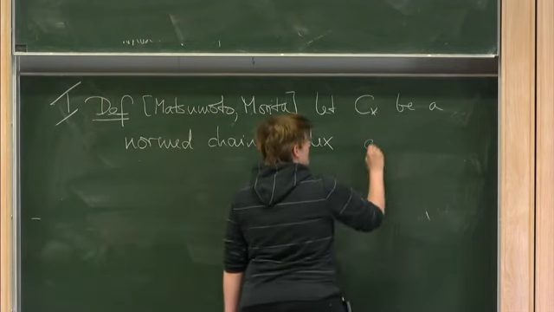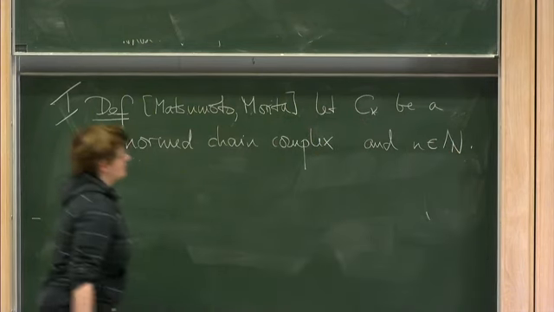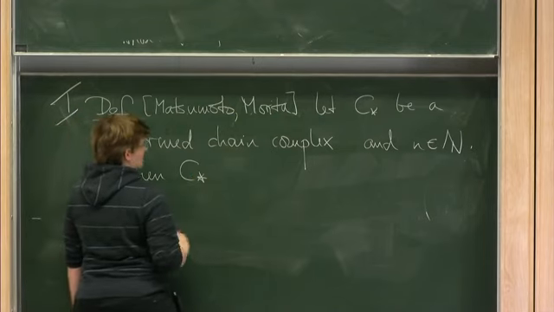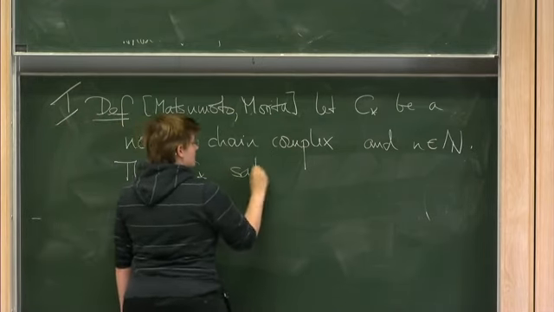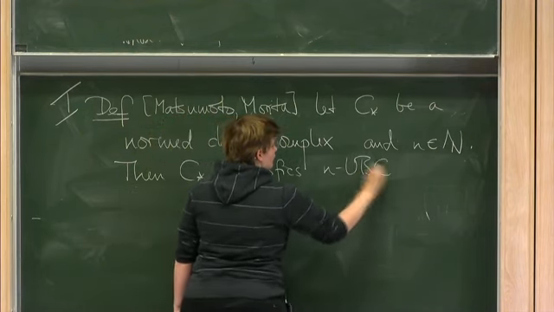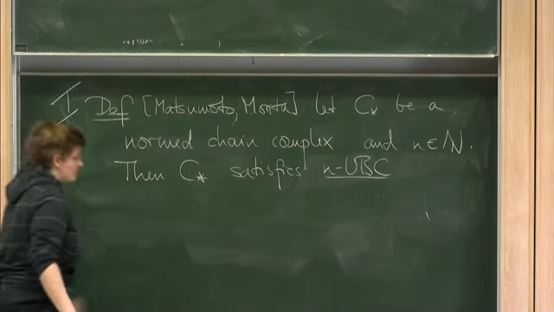And then we are given a degree n, and then this chain complex C_* satisfies the uniform boundary condition in degree n if the following is satisfied.